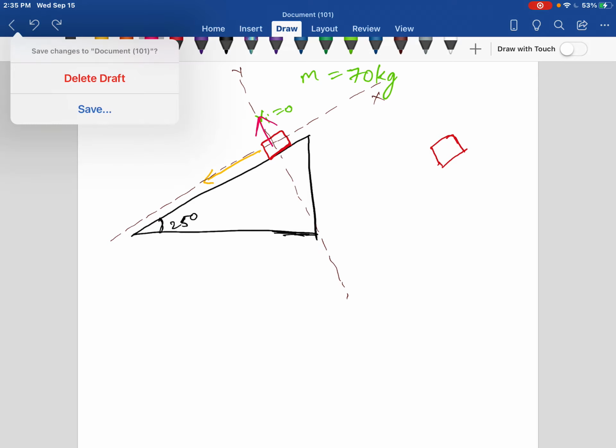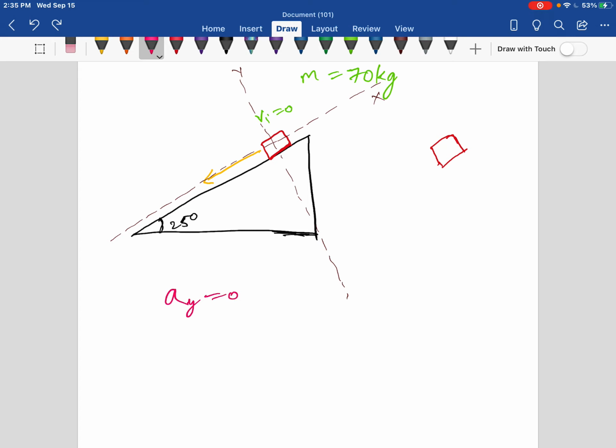So I specifically chose this so that I can say that the acceleration in the y direction is 0 and the acceleration in the x direction is just the acceleration of this object. We want to find this, so let's put a double question mark for this.